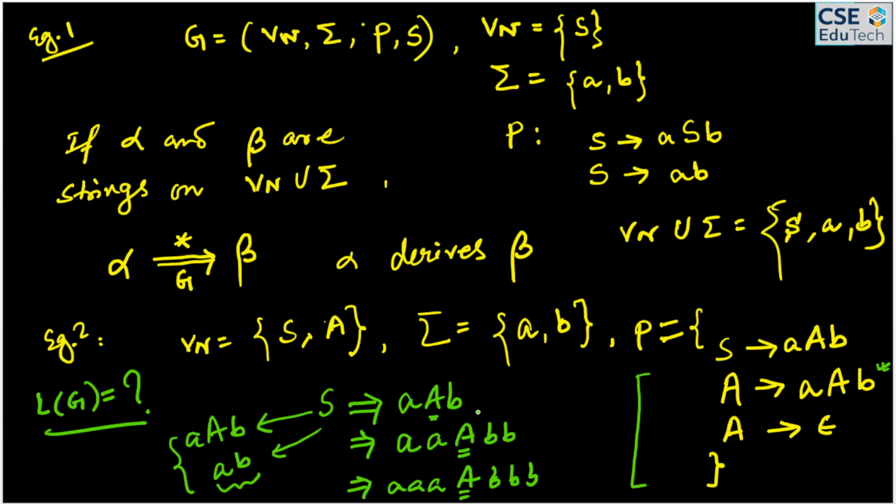Okay. Now, if we perform this up to n step derivation, what will happen? If we do this for the n step derivation, it will look like that: a to the power n, b to the power n, because the same number of a's followed by the same number of b's. So we call it the n step derivation, right?